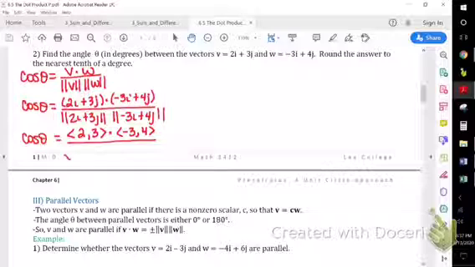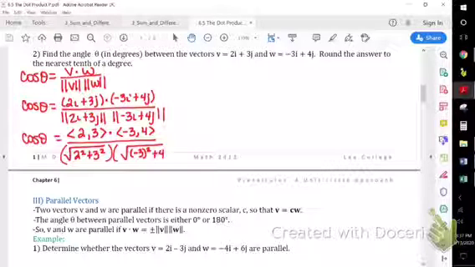That's where we take the square root of a squared plus b squared. So the magnitude of vector v is going to be equal to the square root of 2 squared plus 3 squared. And this is going to be multiplied by the magnitude of vector w, which is the square root of negative 3 squared plus 4 squared.